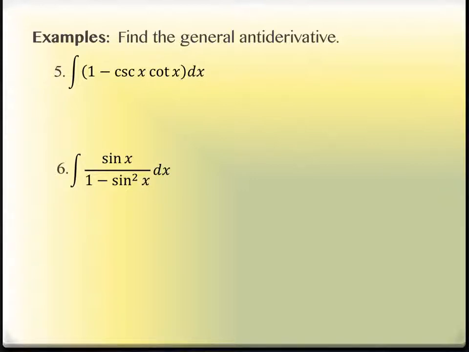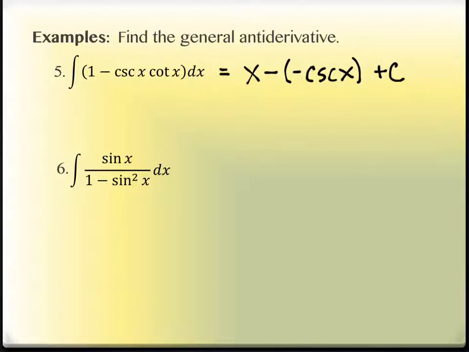We're going to do this a piece at a time, okay? Start with the 1. What's the antiderivative of 1? It's 1x, okay? Or just x. What is the antiderivative of, in fact, I'm going to put the minus here for the moment, cosecant x cotangent x? Yes, with a negative, right? And then plus the c.